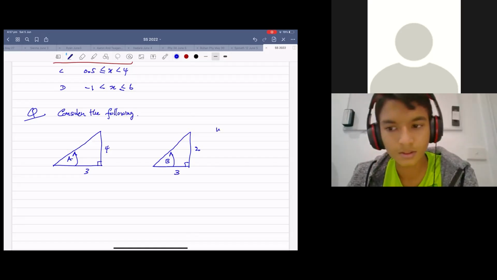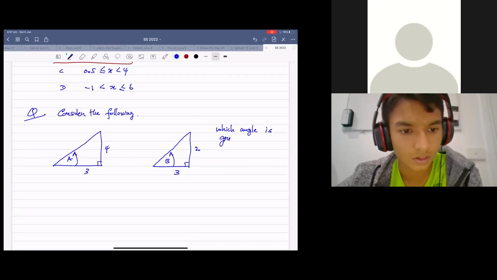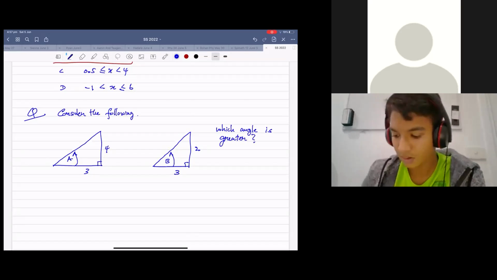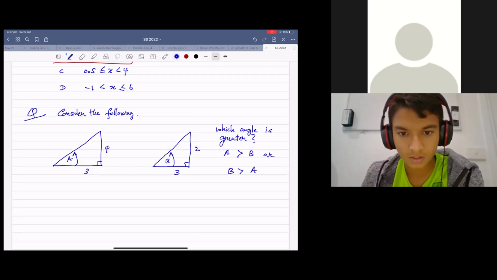Which angle is greater? That means I'm asking whether A is greater than B or B is greater than A. This is what I'm asking.